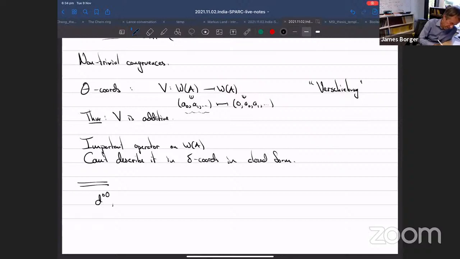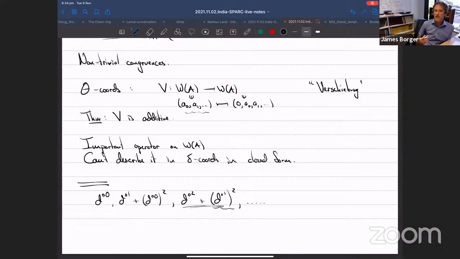You could have the 0th derivative, and then the first derivative plus the square of the 0th derivative, and then the second derivative plus the square of the first derivative, and so on. These would obviously generate the ring of all differential operators, because the nth one is just the nth derivative plus a polynomial in the ones you already have.